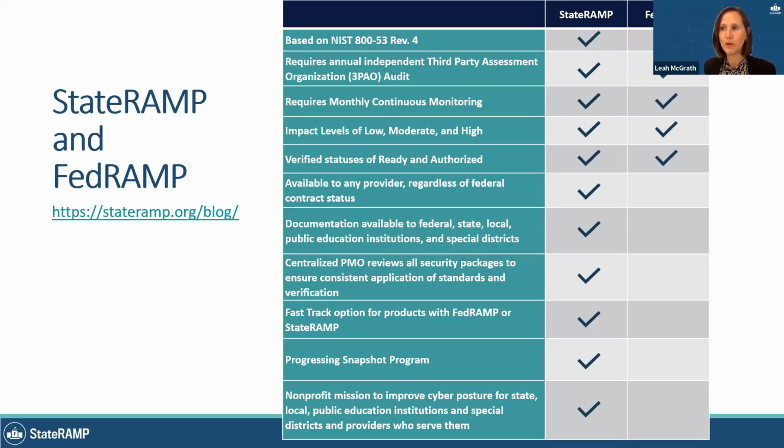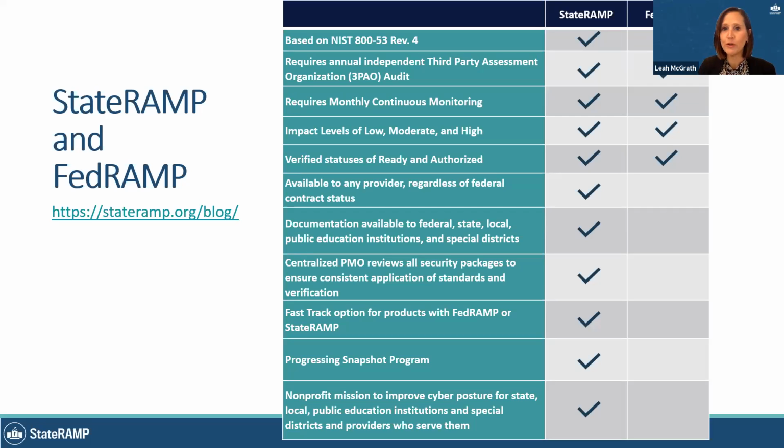It gives every provider, regardless of size, a place to begin, and gives every government the ability to have visibility into where that provider is today with that product's cyber maturity. And then, of course, the key difference is we're a nonprofit. So we are mission driven and really about improving the cyber posture for our public agencies and those who serve them.